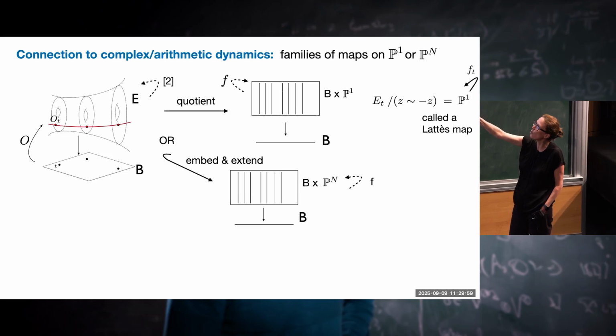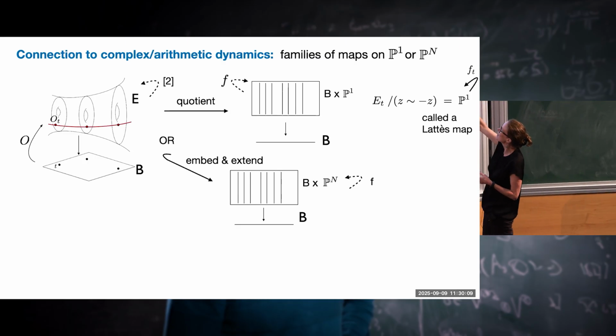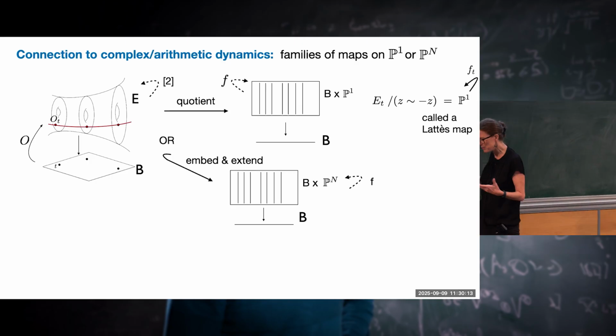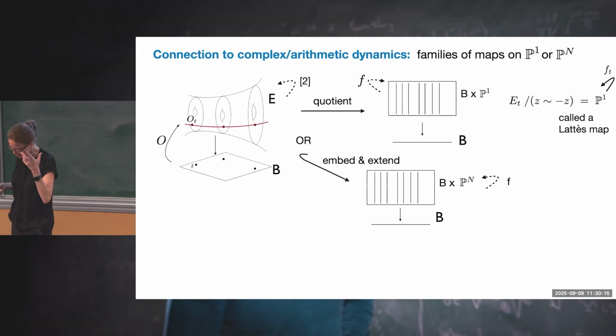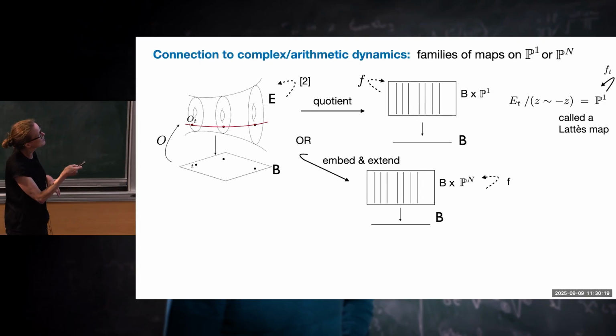So for example, we could take a degree 2 quotient of each of these fibers and get a P1. And the multiplication by 2 map on each of the fibers gives rise to a family of rational maps, they're rational functions of degree 4 in this case, on P1, parameterized by this base.